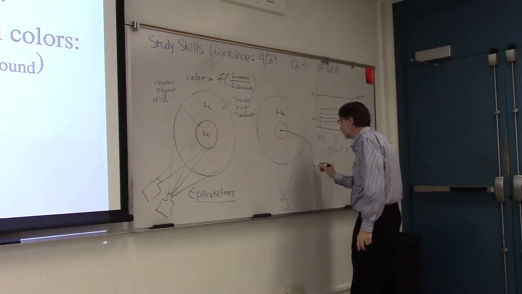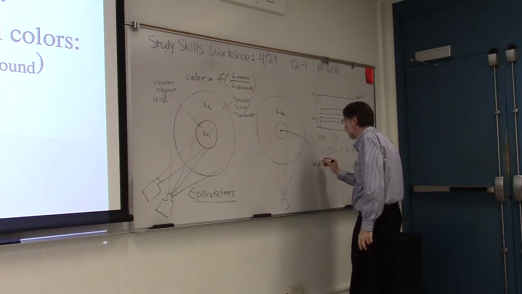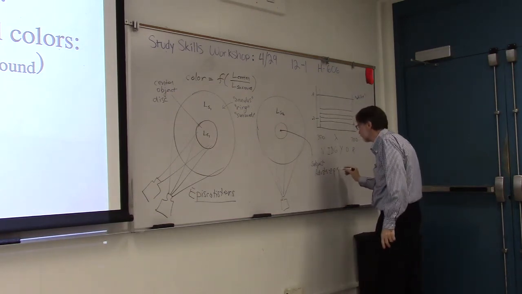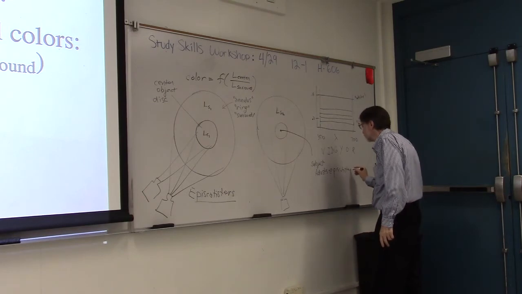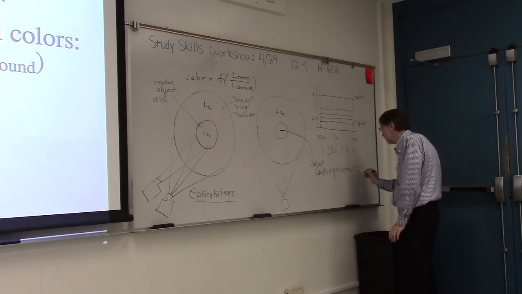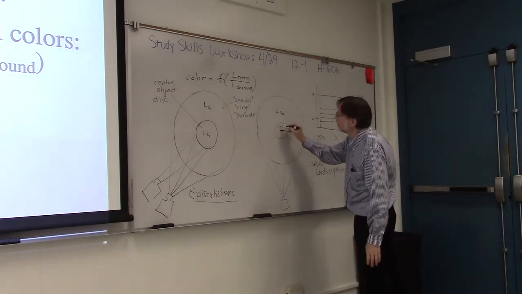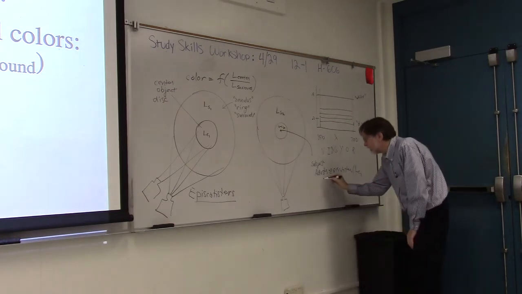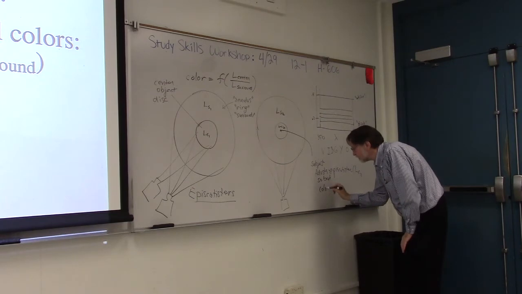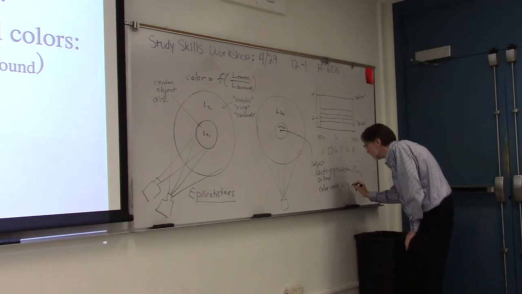So the subject adjusts the episcotistor over here, which basically manipulates LC2, the luminance of center 2, so that the color of the center 1 is equal to the color of center 2.